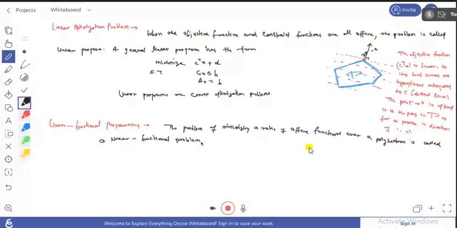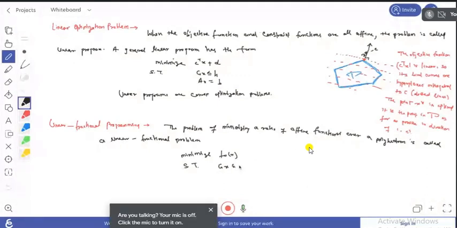Okay, so basically in this type of problem you have to minimize your objective function, subject to constraints that are the same as in the linear programming problem. But the only difference is in your objective function.